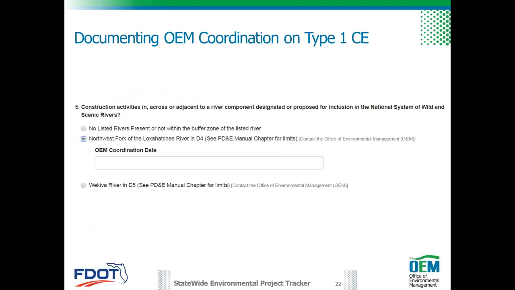If you choose either Northwest Fork of Loxahatchee River in D4 or Wekiva River in D5 as being adjacent or intersecting the project, it will require you to contact the Office of Environmental Management, your PDC representative, and document the date of coordination in order to process.